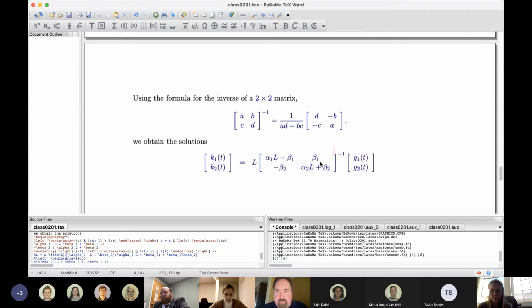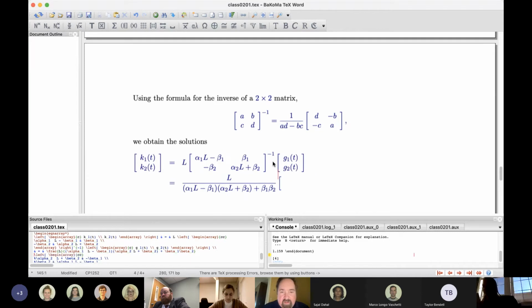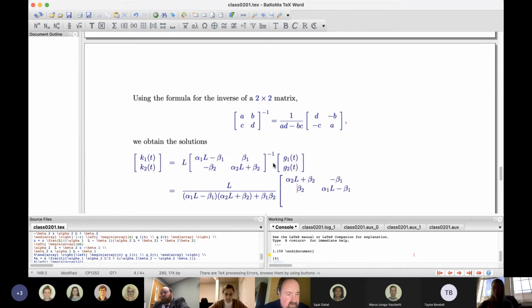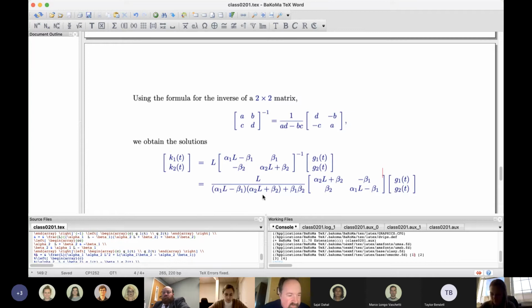So it's the inverse of this matrix times g1, g2. The inverse is worked out here. It's kind of ugly.